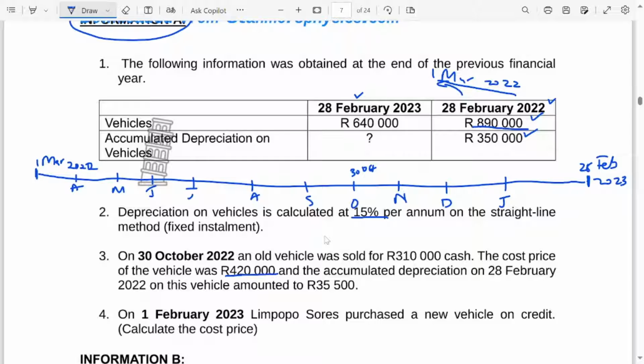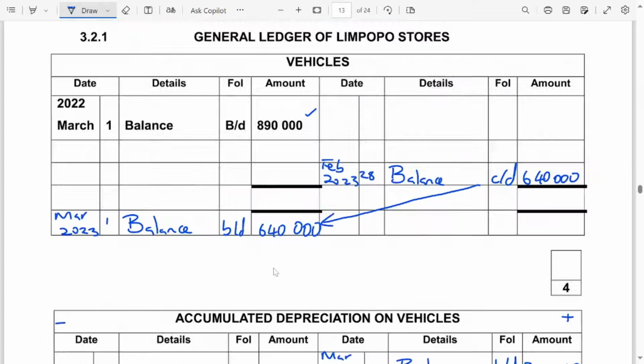Now, when we are doing the asset disposal, the cost price of the asset that is being sold, we must record it on the debit side of the asset disposal.